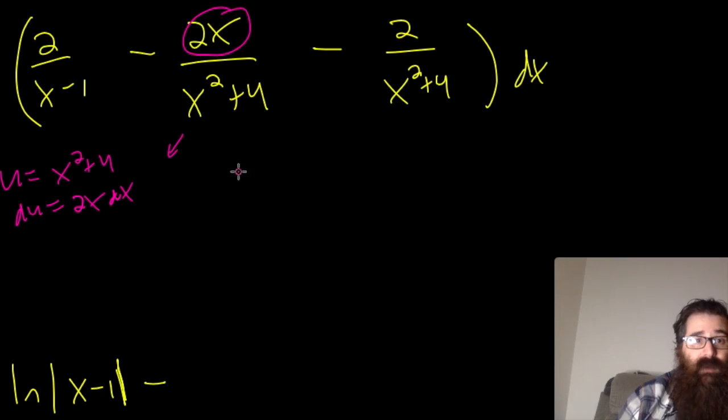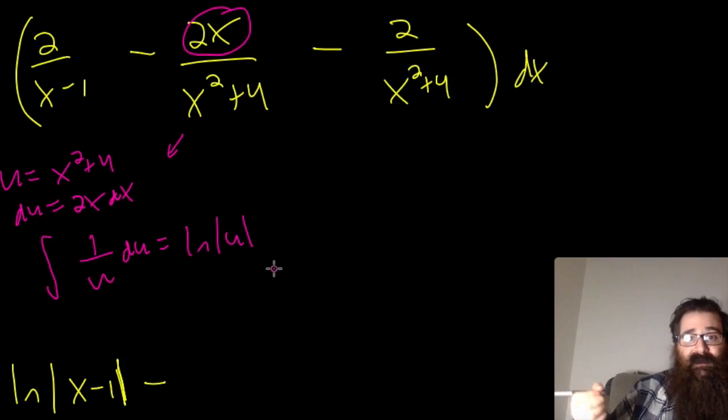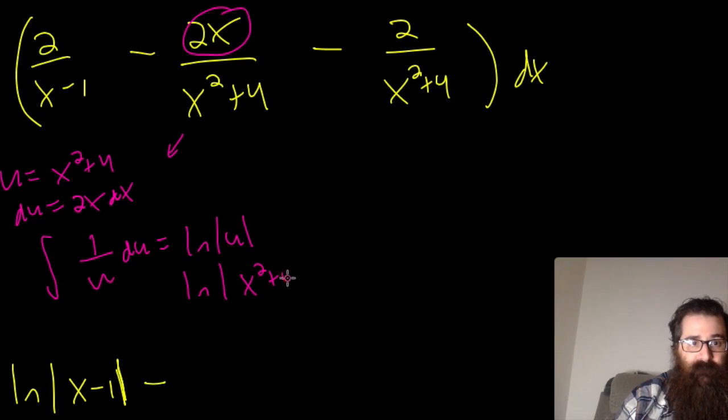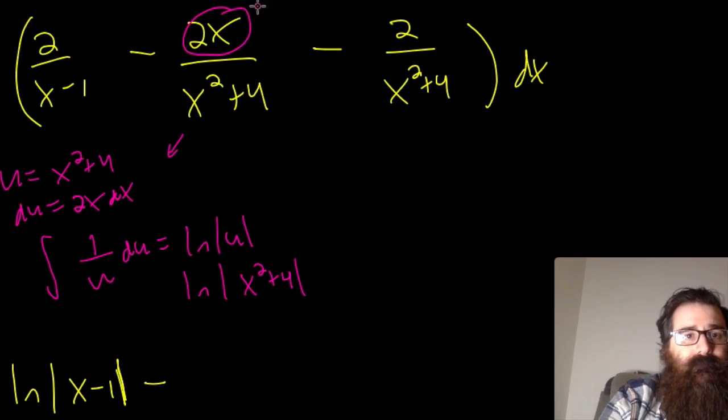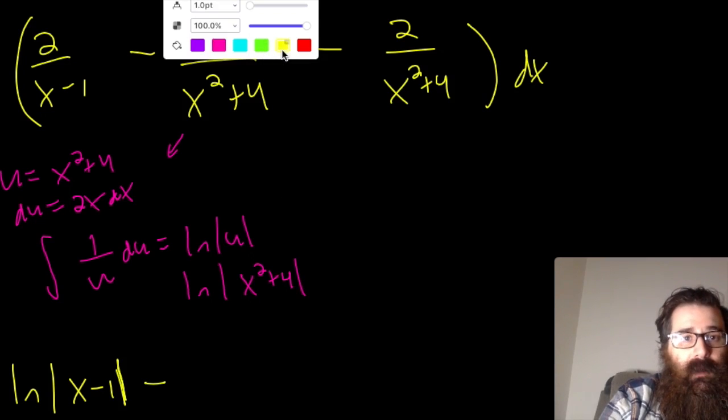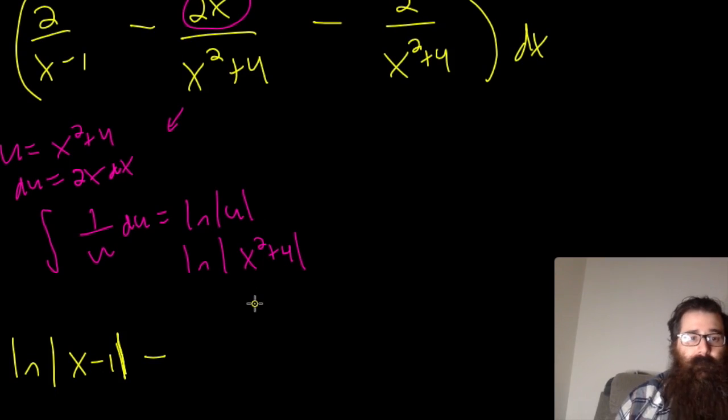And I have the 2x on top already, so this becomes the antiderivative of 1 over u du, which gives me natural log absolute value of u, plus a constant, but I'm going to deal with that at the very end, of course. And then all I have to do is back substitute. So that's going to give me natural log absolute value of x squared plus 4. So I can take care of that middle one with a u sub. That's going to give me natural log absolute value of x squared plus 4.